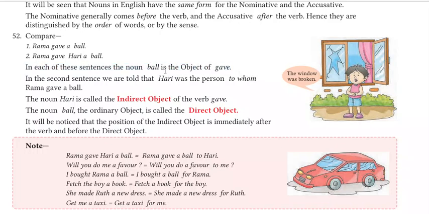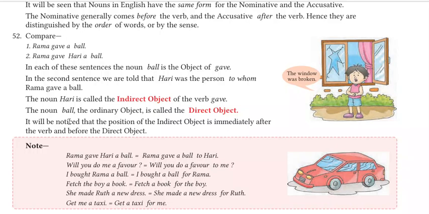Gave is the verb here. In the second sentence, we are told that Hari was the person to whom Rama gave a ball. So the noun Hari is called the indirect object of the verb gave, while the noun ball, the ordinary object, is called the direct object of the verb.